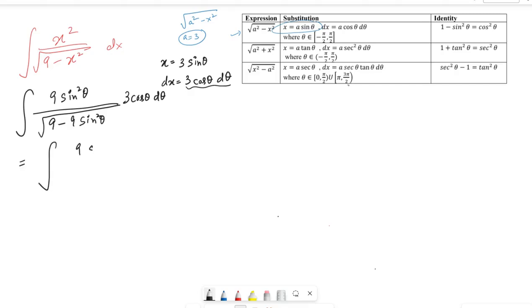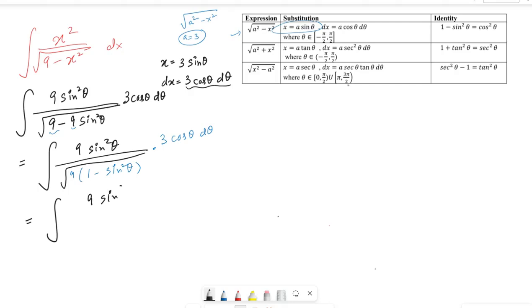Integral of 9 sine square theta divided by, we can factor 9 out of these two, 1 minus sine square theta, times 3 cosine theta d theta. 9 sine square theta divided by, the square root of 9 is 3, and this thing here, 1 minus sine square theta, you might notice is the same as cosine square theta, and the square root of cosine square theta is just cosine theta, times 3 cosine theta d theta.